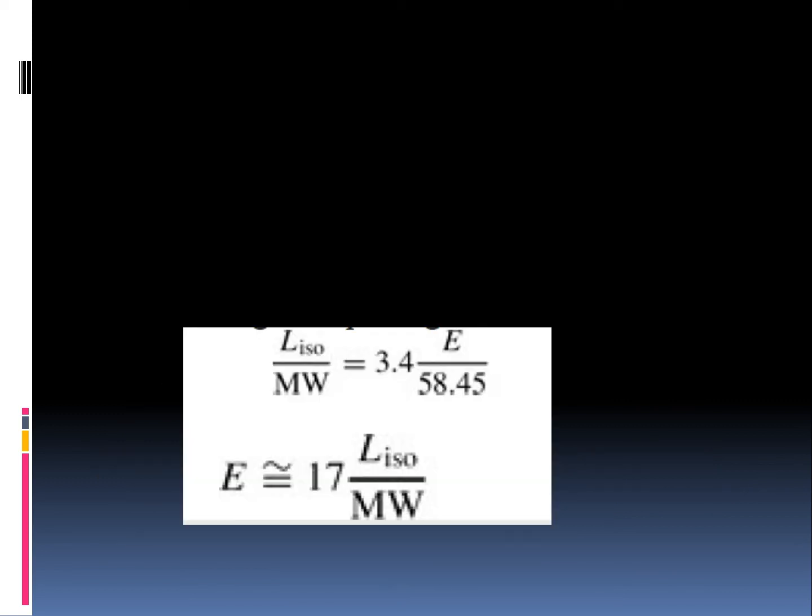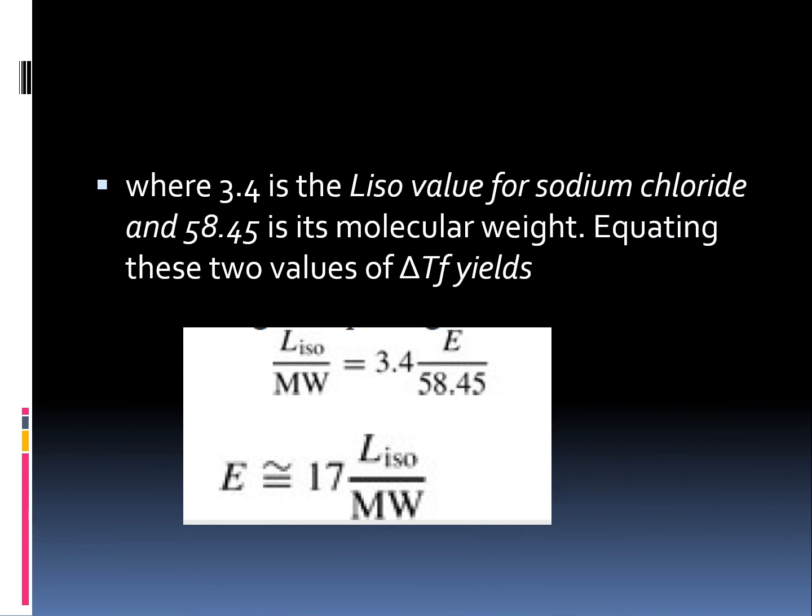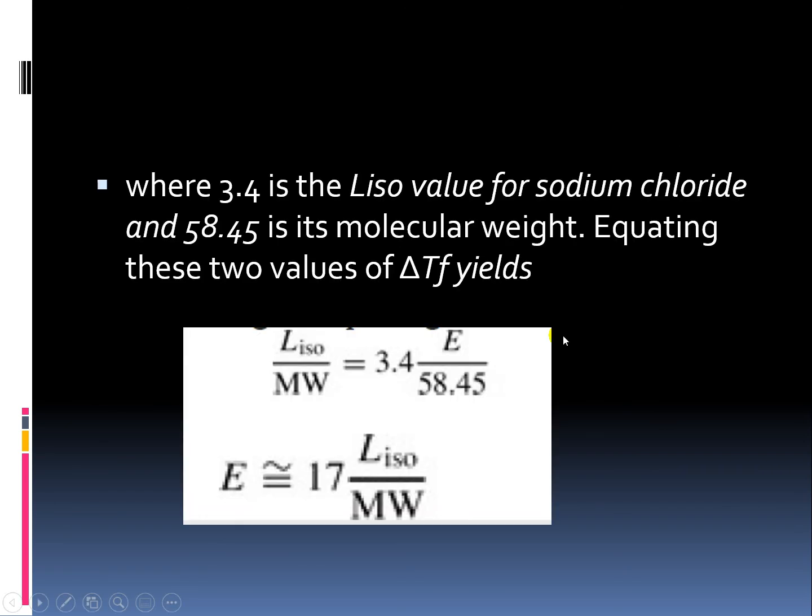So by comparing the two equations, we get the equivalent value of any drug, that is 17 multiplied by L-iso upon the molecular weight of the substance under study. So 3.4 is the L-iso value for sodium chloride, 58.45 is its molecular weight. By equating these two values of TF, we reach the formula which is shown here.